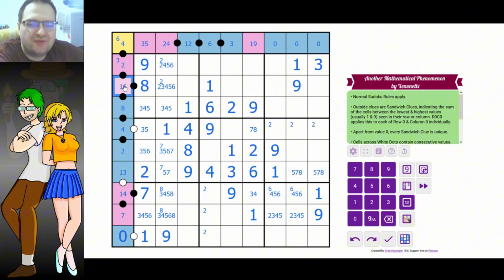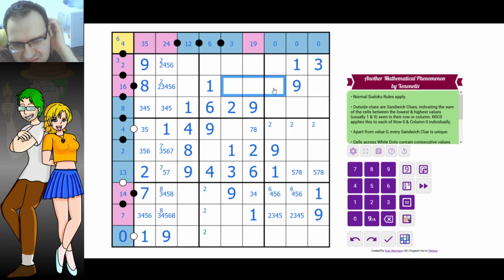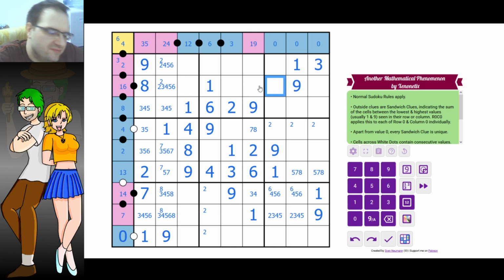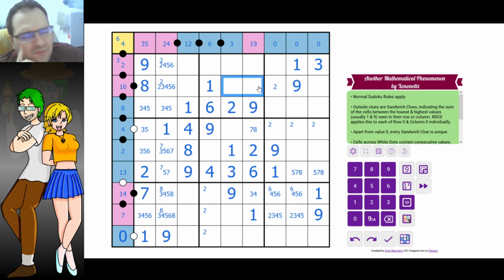Let's check this for this 16 here with 3. So the minimum... what are the possible digits? Because technically we can have 2. No. If this is a 2, this has to be double 7.